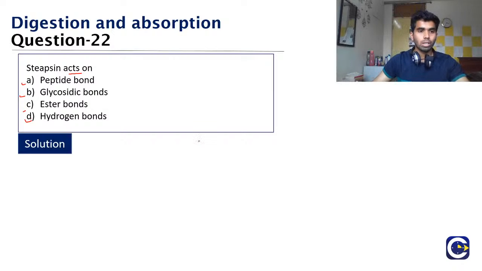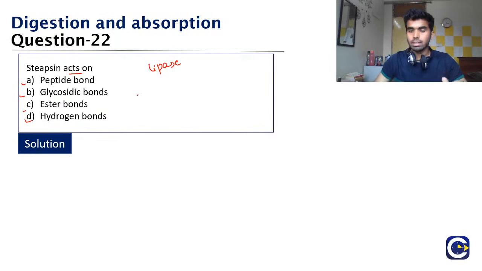So as I have told you that trypsin is another name of the lipase. So just tell me, what is the type of bond that is present in the lipids?